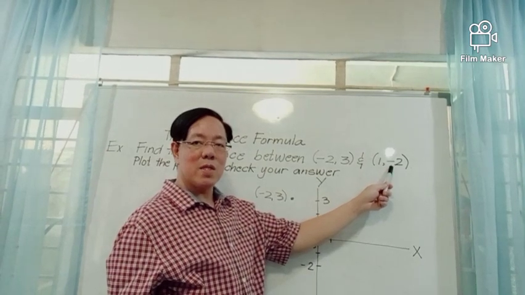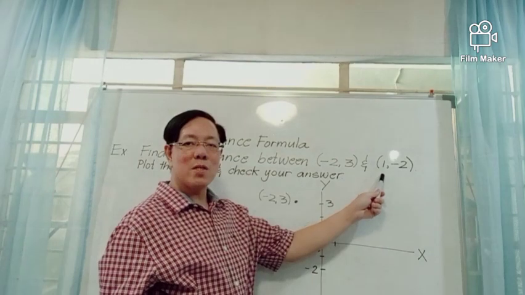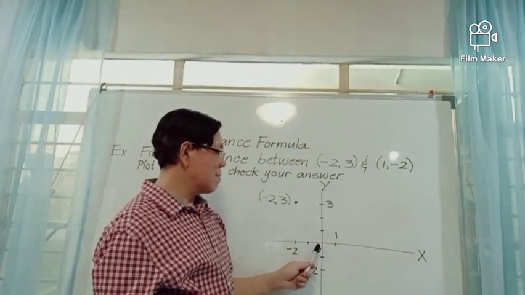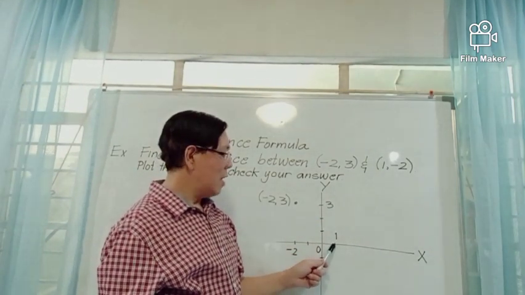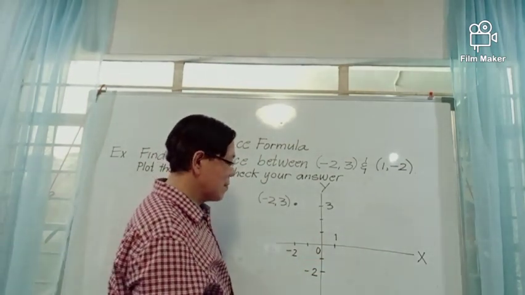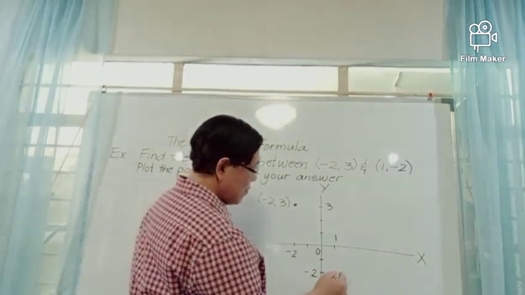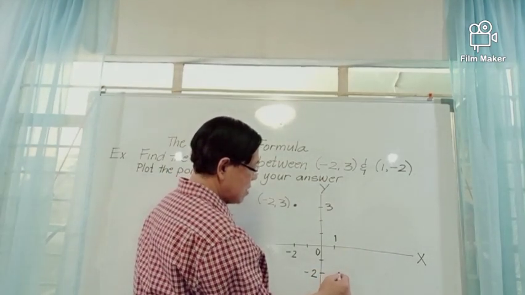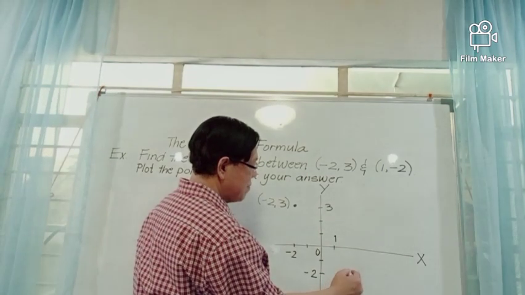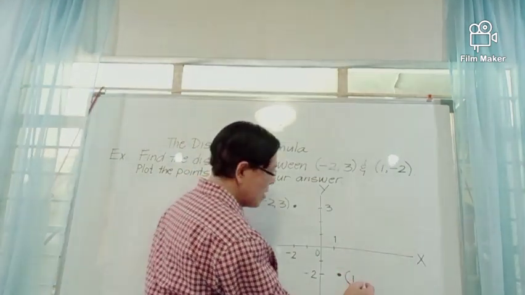That means the point is below the x-axis. Again, count 1 unit from the origin to the right. And from this point, you count 2 units downward. 1, 2. And we arrive at this point, the second point given with coordinates 1, negative 2.